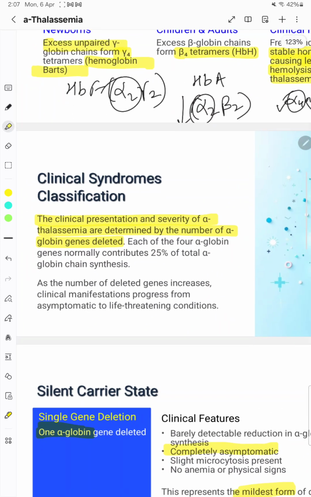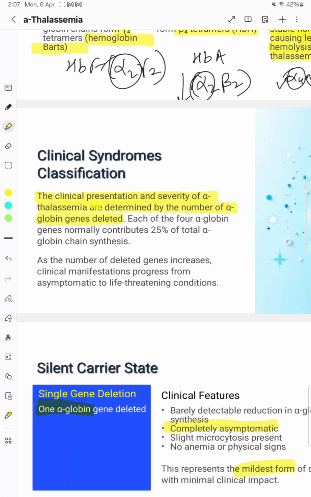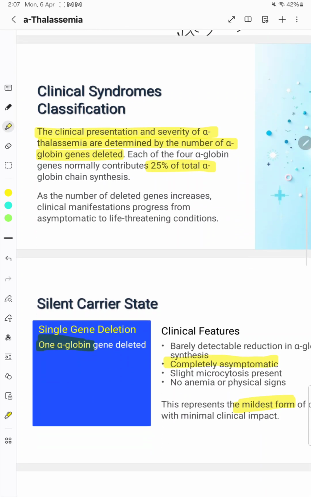Clinical syndrome classification in alpha thalassemia. The clinical presentation and severity of alpha thalassemia are determined by the number of alpha globin genes deleted. Each of the 4 alpha globin genes normally contributes 25% of the total alpha globin chain synthesis.